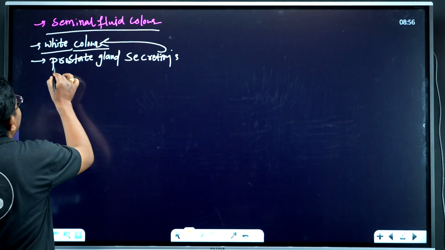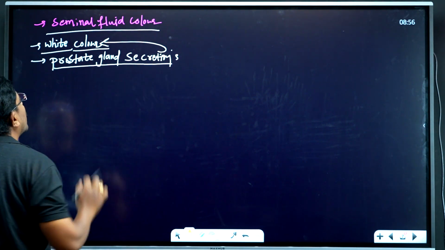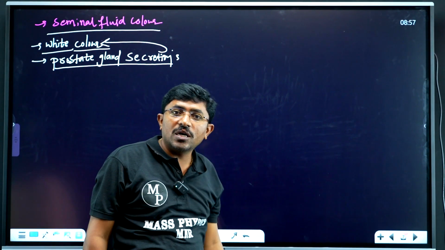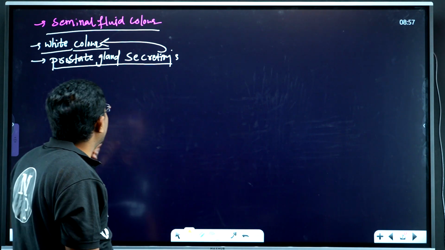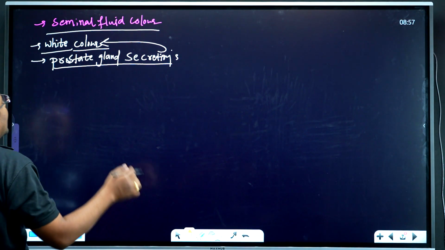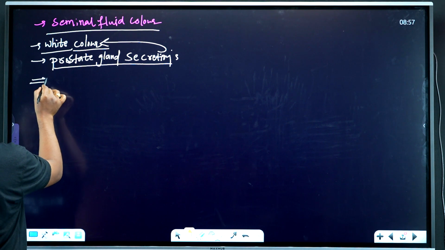The prostate gland secretions give the whitish color to the seminal fluid. And here one more important point is there.